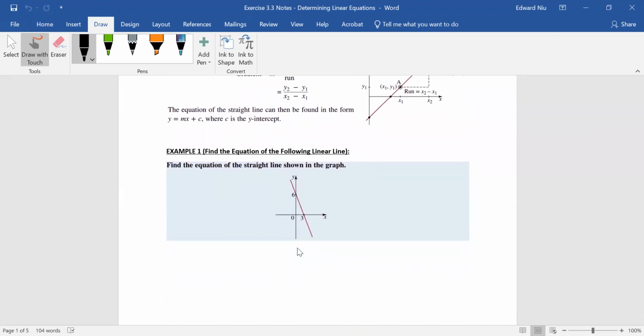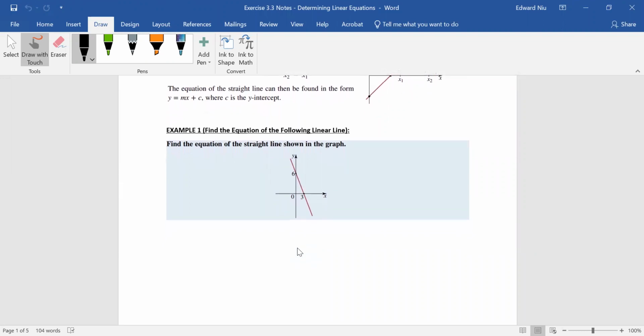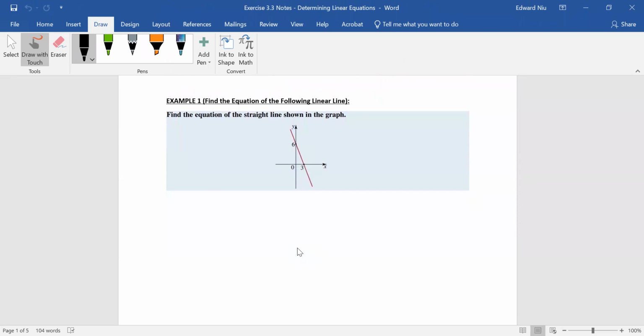Let's take a look at an example. In example 1, the question tells us to find the equation of the straight line shown in the graph. What we notice here is we have to go about finding our m first.